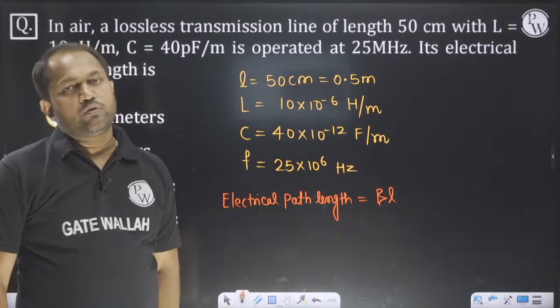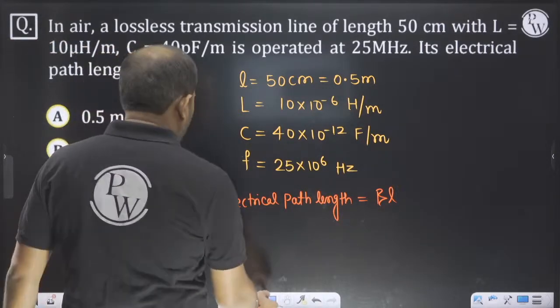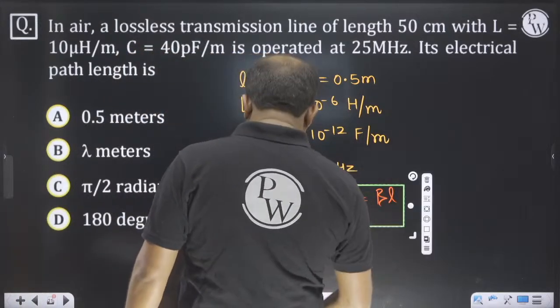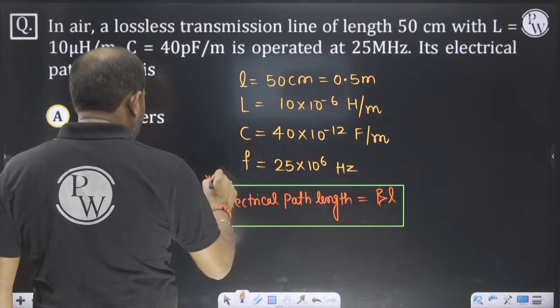So beta L is known as the electrical length. You can note it down in your notebook that beta L is the electrical length.